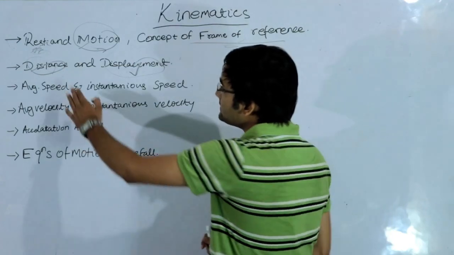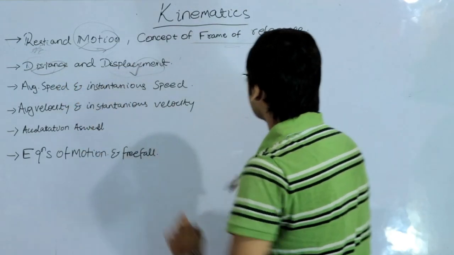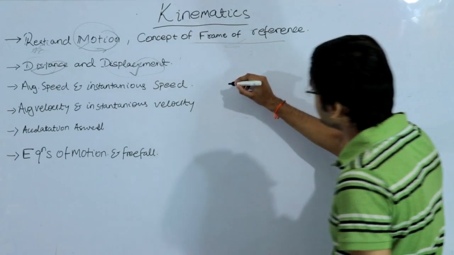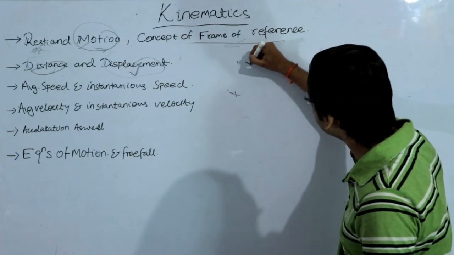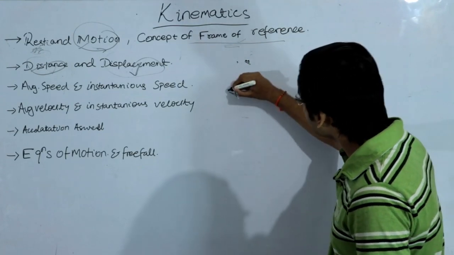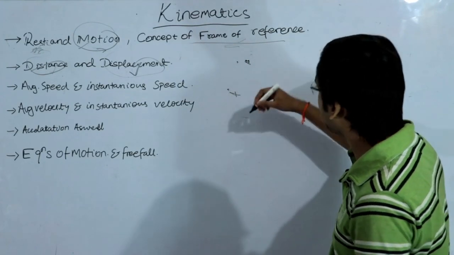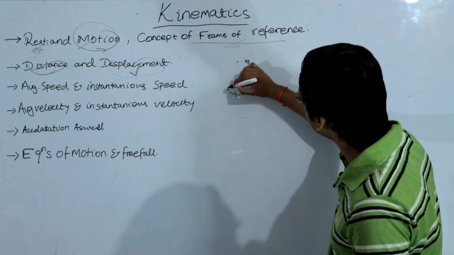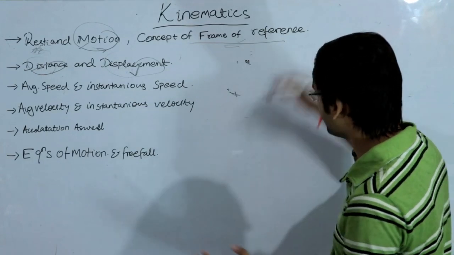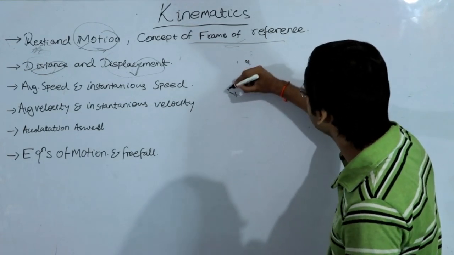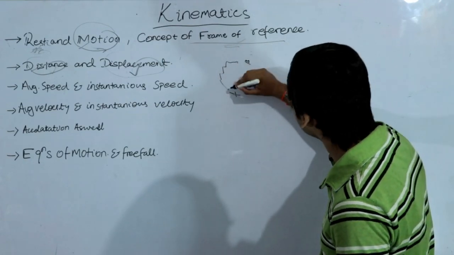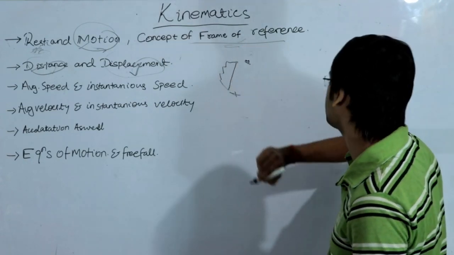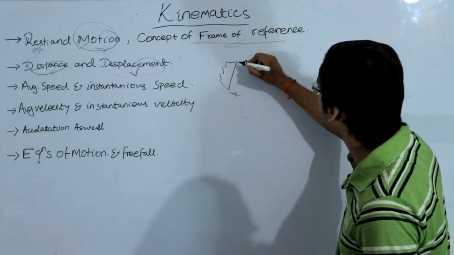Well, I'm drawing a diagram here to help you understand. Suppose this is a point A, this is a point B. Suppose a guy traveled from here to here in a couple of ways he tried, like this, and another smart guy approached in a straight direction, a straight path.